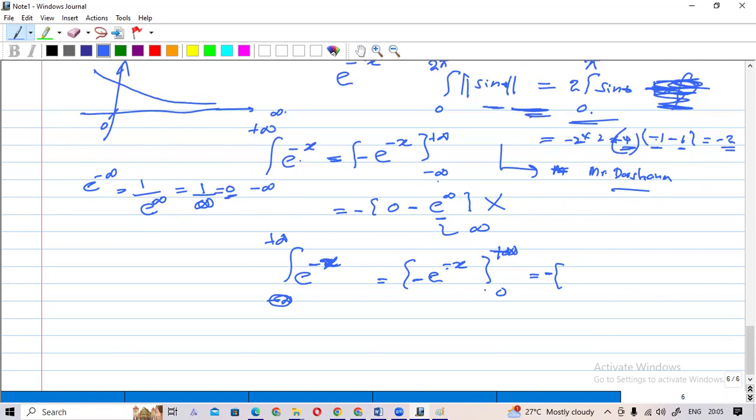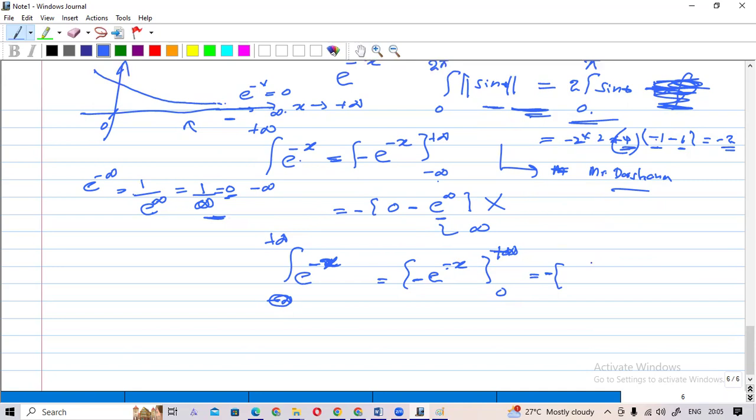And you can get it from this function also. If x is going to plus infinity, e to the power minus x is reaching 0. So you can use this graph or you can use this logic.